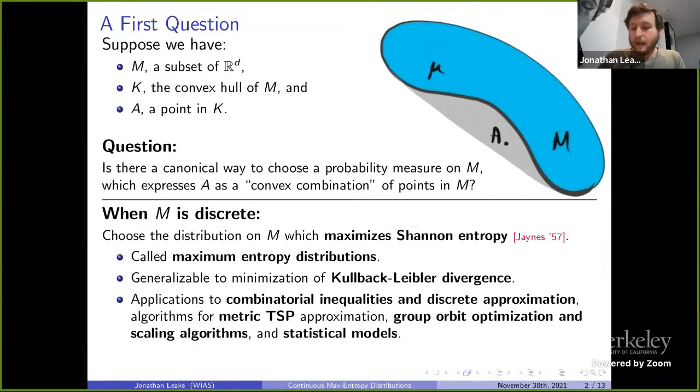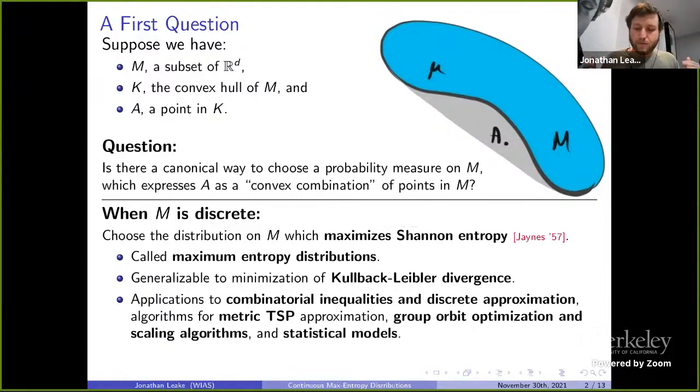And so naturally, if we pick such a distribution, we're going to call it a maximum entropy distribution. This is also generalizable. I generally won't refer to this generalization that often, but one thing that you could do is, maximum entropy distributions are related to the uniform distribution, say on this discrete set of points.